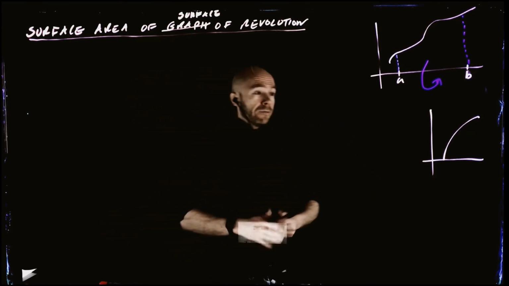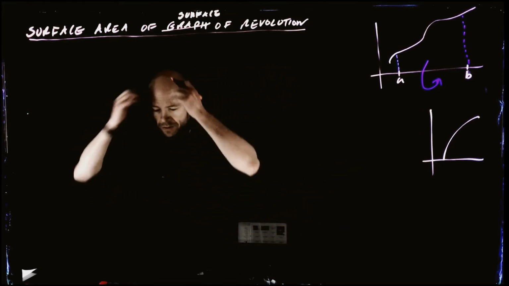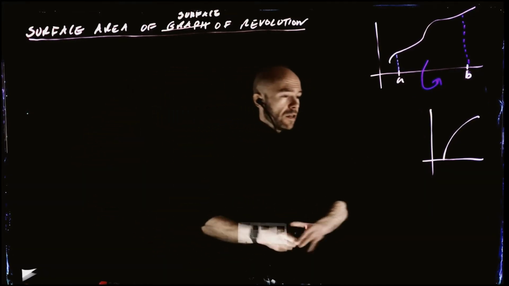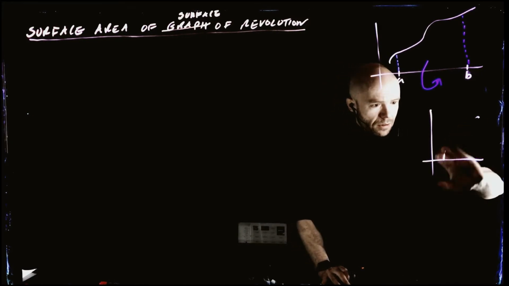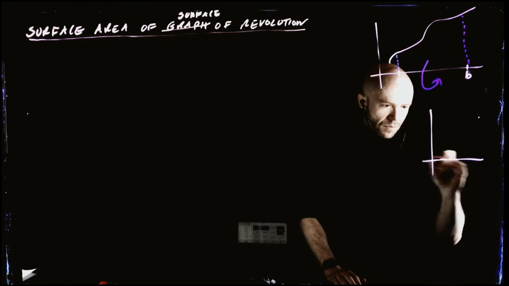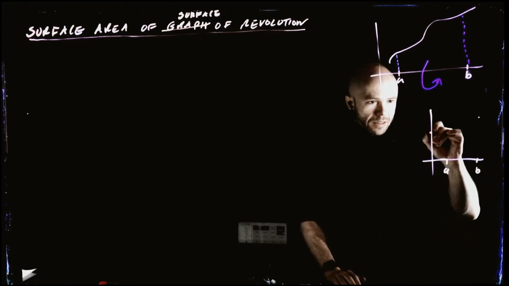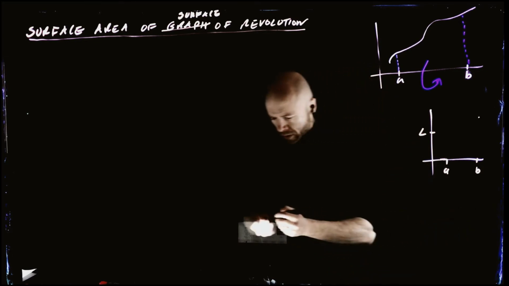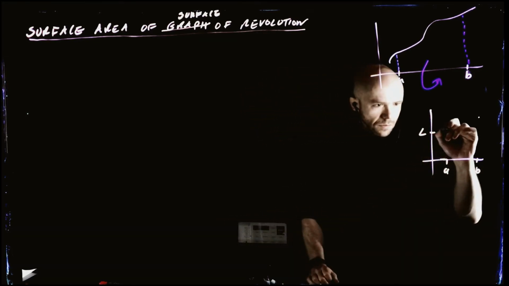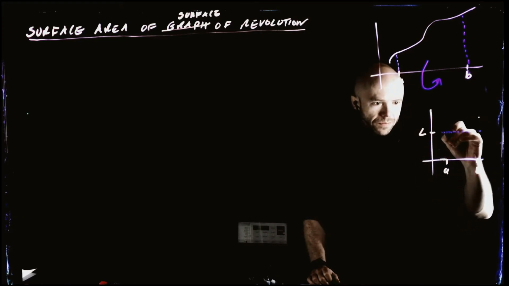Okay, so let's begin. If we have the simplest circumstance, so suppose we just have a function that's just constant, like this, from A to B, and suppose the constant value is L, then the surface of revolution is what?